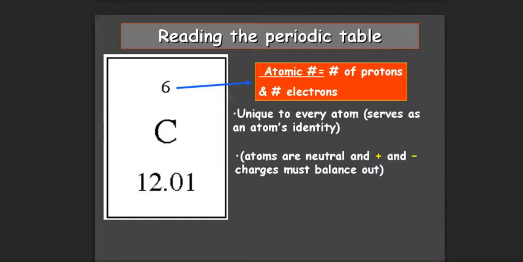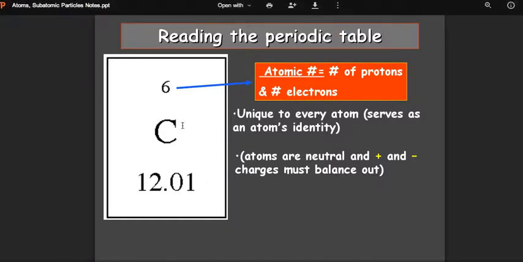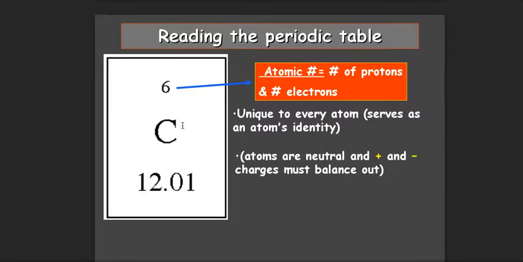So, like we said, atomic number is up here. It's the number of protons and the number of electrons. It's unique to every atom. So if I said to you, what is the name of the element that has 23 electrons, you should be able to tell that just based on the number. Every element has its own unique atomic number.